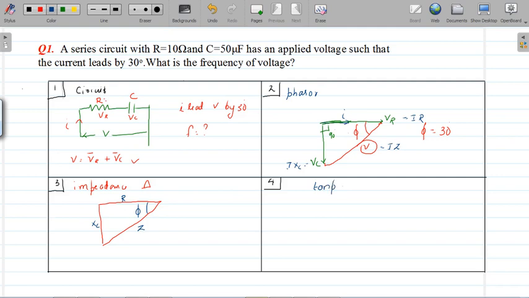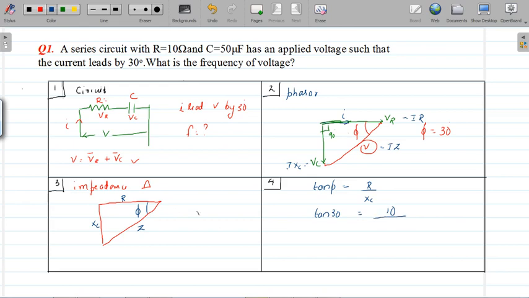So what is tan phi? Tan phi is equal to the opposite side, XC, divided by the adjacent side, R. We know phi is 30 degrees, and R is given as 10 in the circuit.